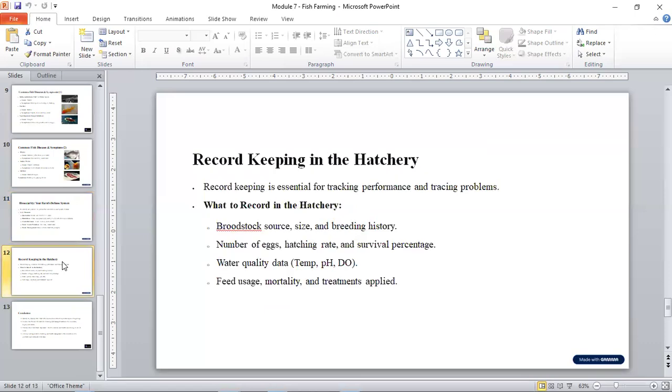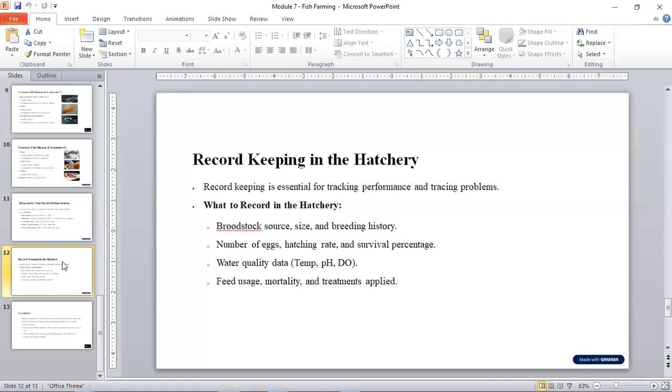Record keeping in the hatchery. It is essential to track performance and trace problems. For instance, if you observe a problem with the fish health, you need to note it down. So what to record in the hatchery: you can record the broodstock source, the size, and the breeding history.